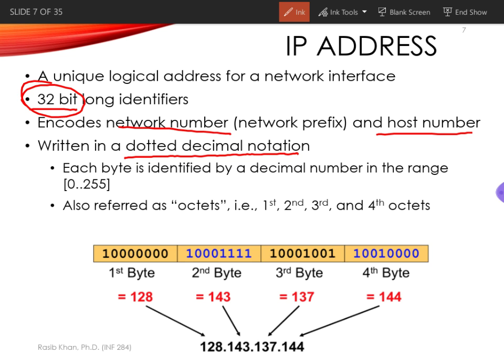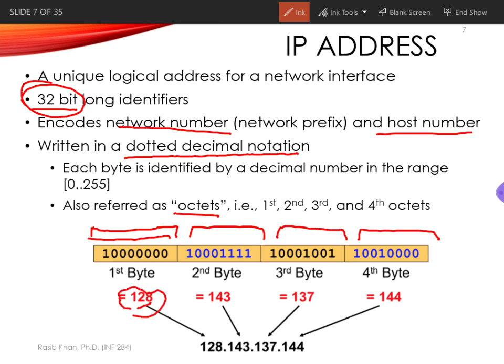Given that there are 32 bits and we are breaking it down into 8 bits, we call this an octet. So there are 4 octets in an IP address. Each octet is expressed with 8 bits in binary, and then we convert the binary into decimal and write it out as an octet in the dotted decimal notation for IP addresses.